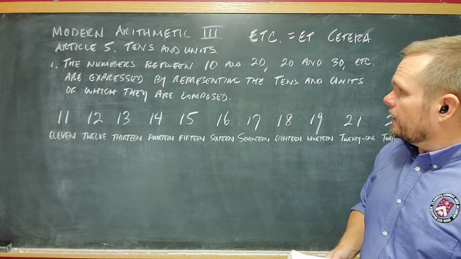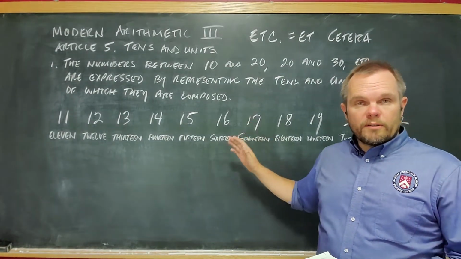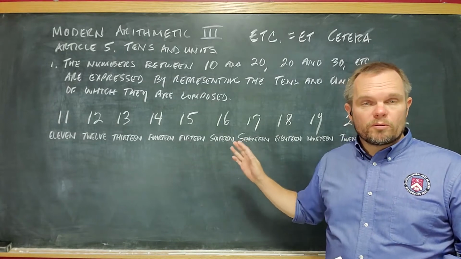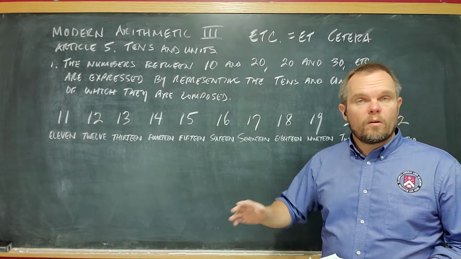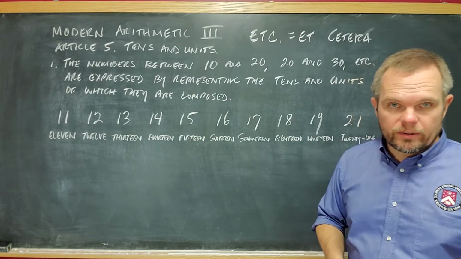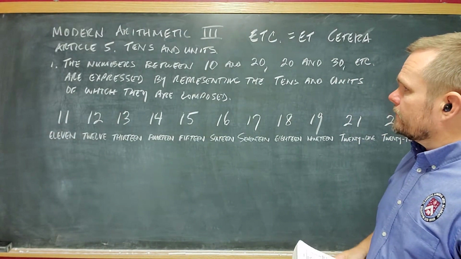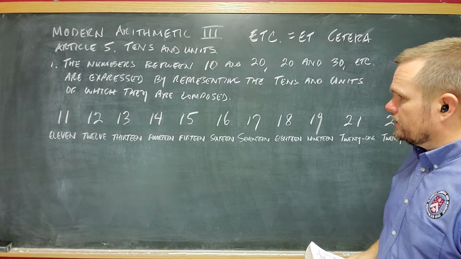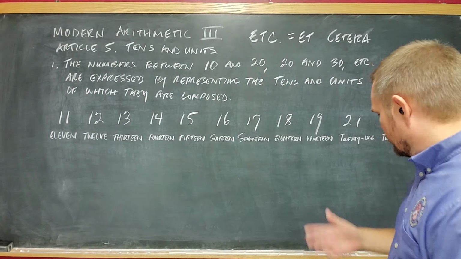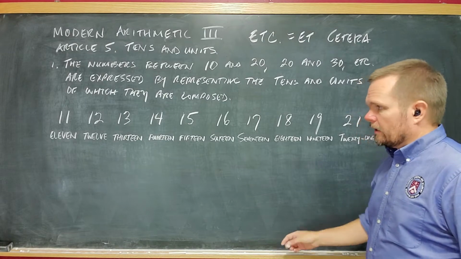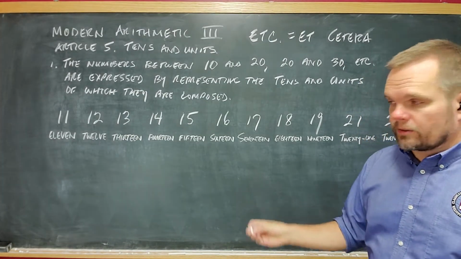Okay? And as I said, when we're done with this lesson, we'll be able to write or read any number from 1 all the way up to 100. Okay? So, Article 5, tens and units. The best way for us to learn this is just to look at these numbers and understand what they tell us.